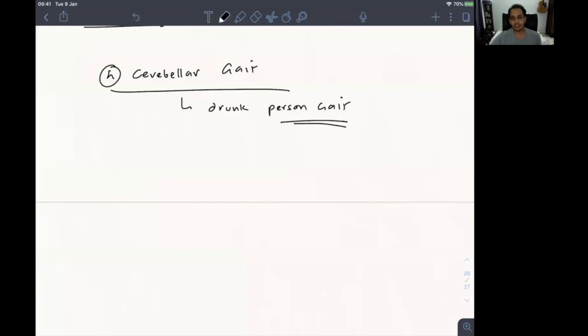One important thing I want to say is that they will have swaying even with eyes open, because in a cerebellar dysfunction, the brain is getting all the information. The brain is giving also all the proper commands, but the problem is in the integration. So it doesn't matter if your eyes are open or shut. If they are shut, they become worse.